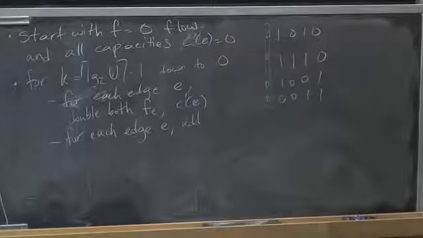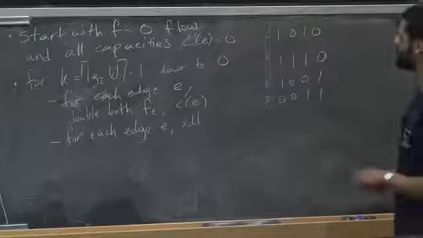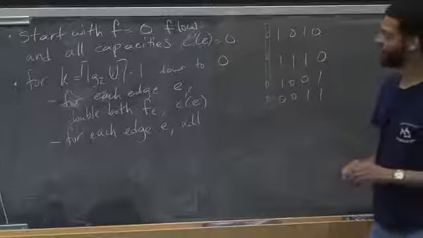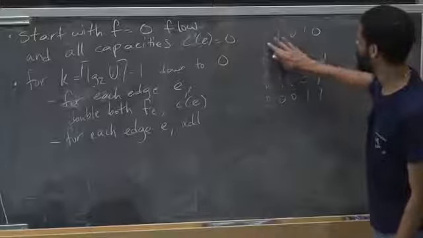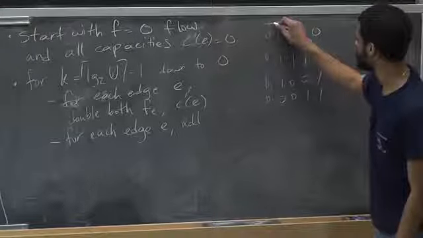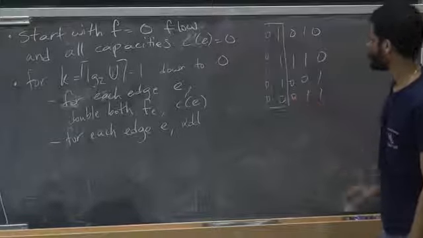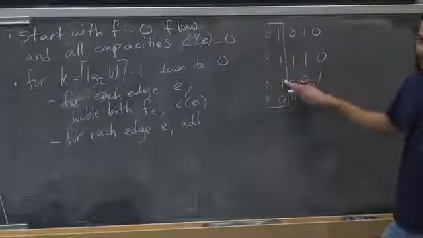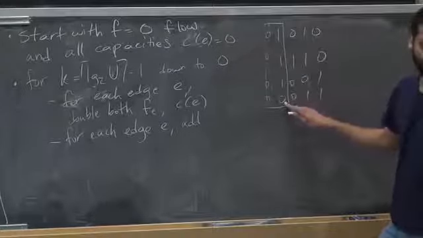Initially, we imagine a graph where each edge capacity C prime is 0. Okay, and then what we do is we shift in the next bit of capacity. So now these three edges will have capacity 1, and this edge will have capacity 0.